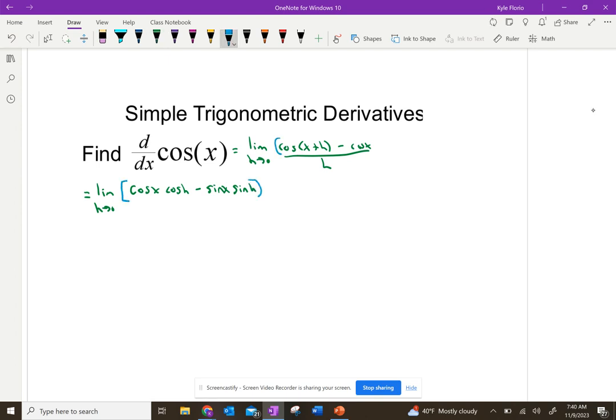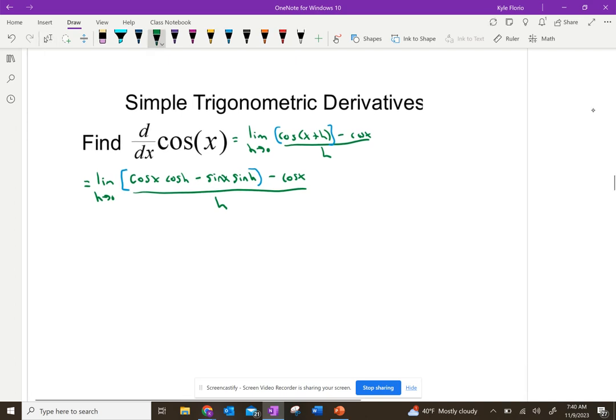And that's this part right here. Minus cosine x over h. Okay. So this one actually works out almost identically to the other one. I'm going to swap these two pieces. So I'm going to get cosine x cosine h minus cosine x minus sine x sine h.